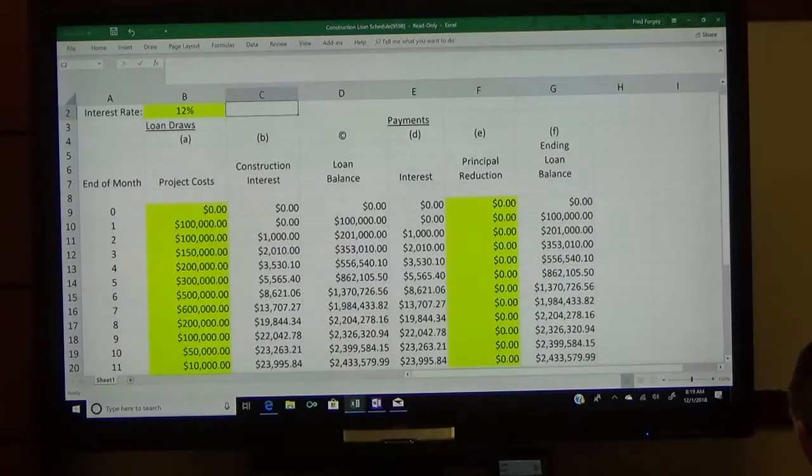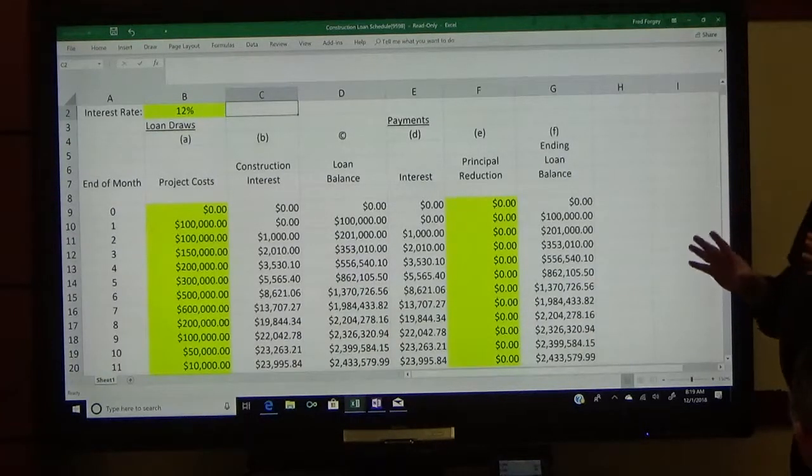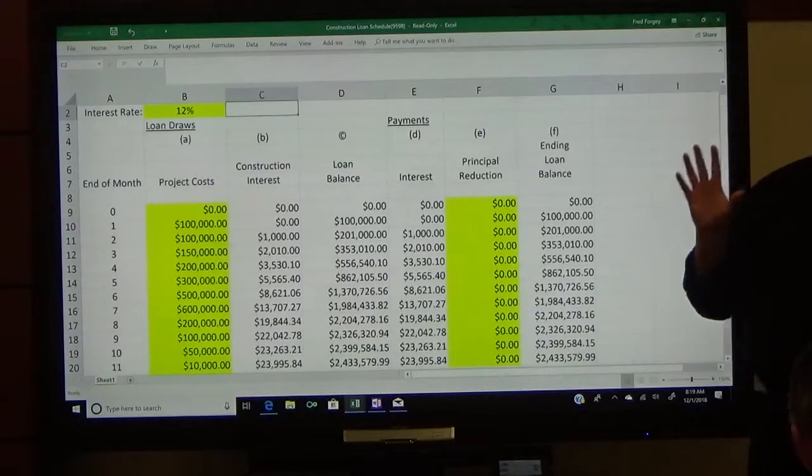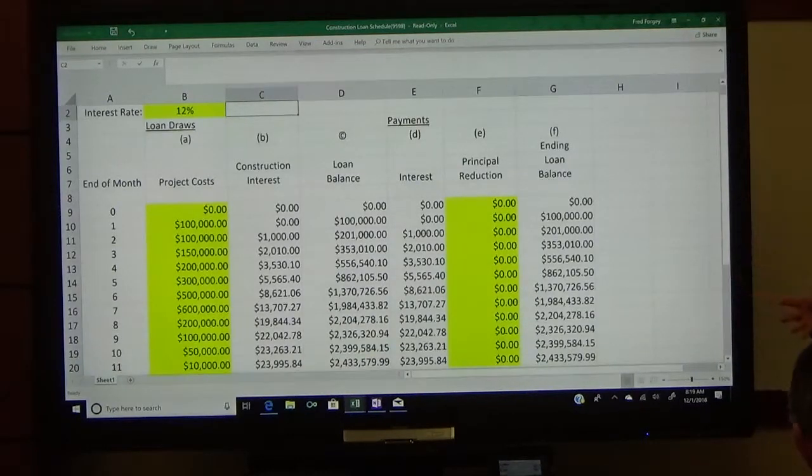And it's also why a lot of developers try to delay their payments to their subcontractors, because they're saying, the moment we pay that subcontractor, the interest clock starts ticking on that money. But at the same time, your subcontractors, they've got to eat, they've got to pay bills, they've got to exist.